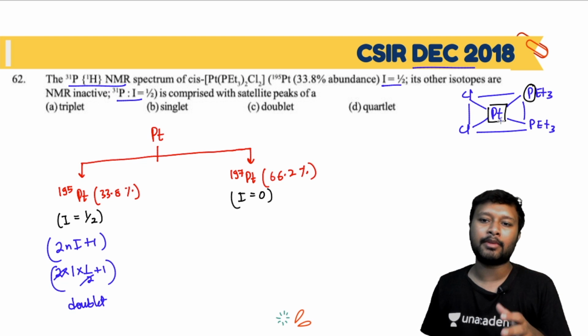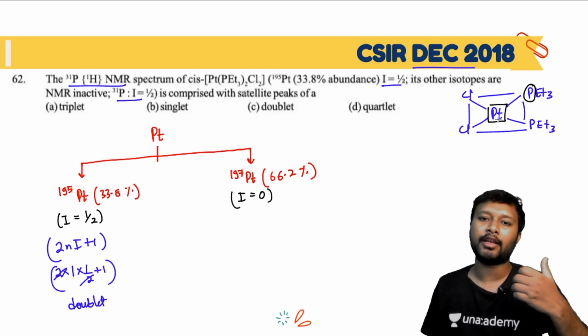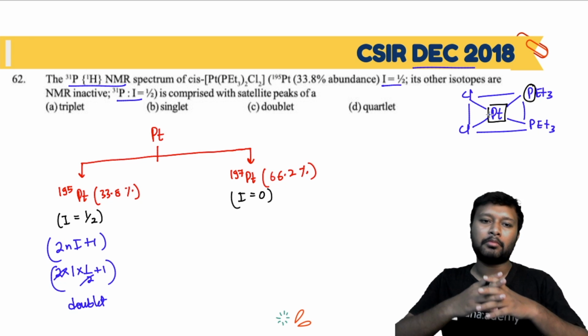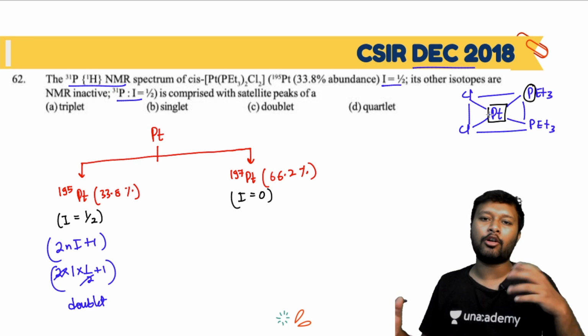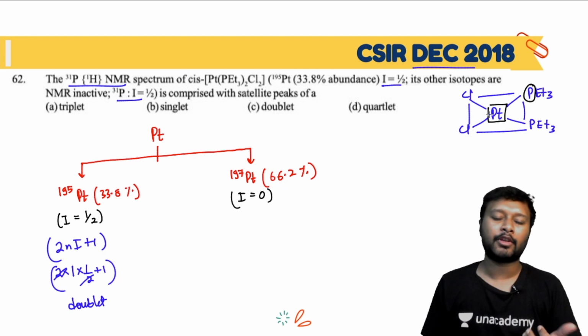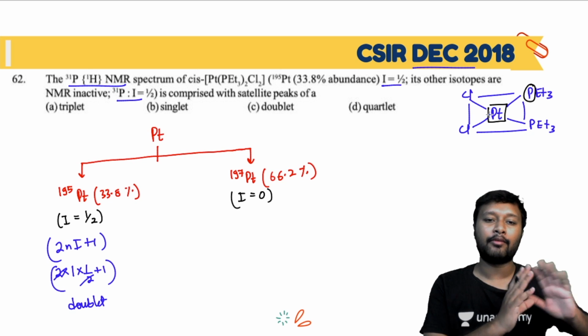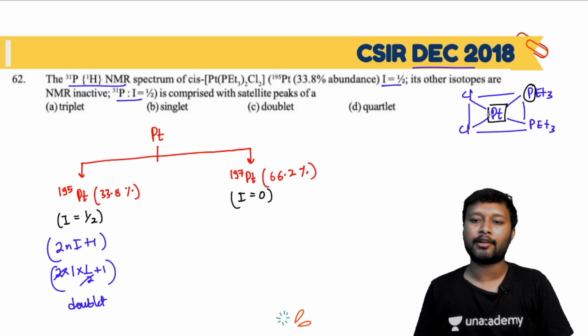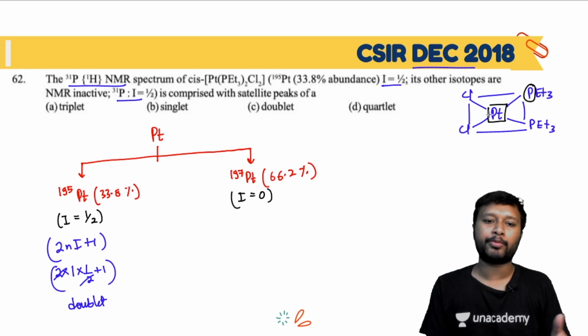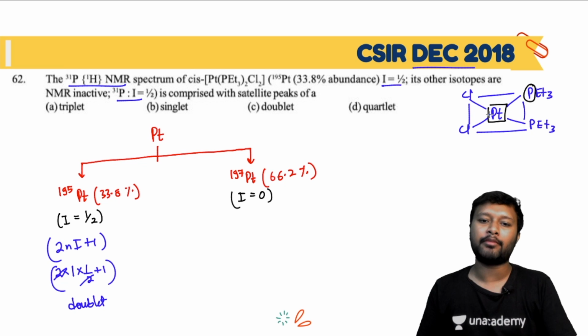Now it is also possible that the platinum at the center is NMR inactive, because in the sample there would be a number of these complexes. If you take 1 mole of the substance, you have Avogadro number of complexes in it. So you need to consider that there will be some complexes where platinum is in the NMR active state, and somewhere it will be in the NMR inactive state as platinum 197.